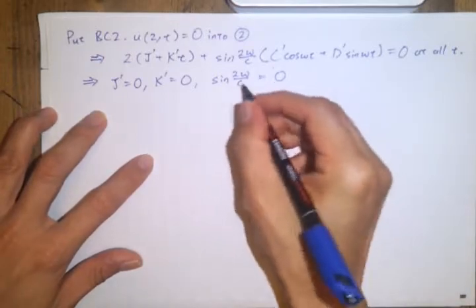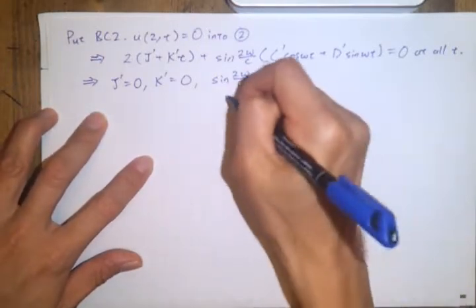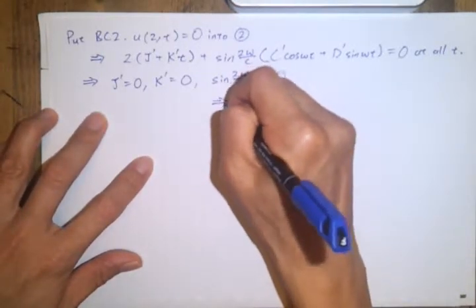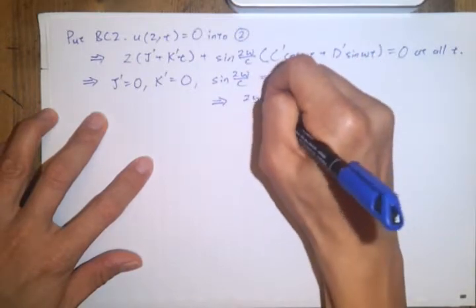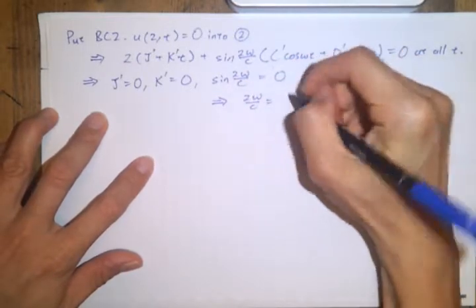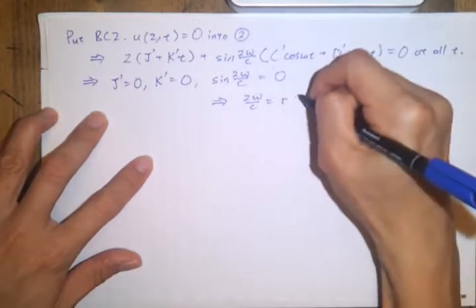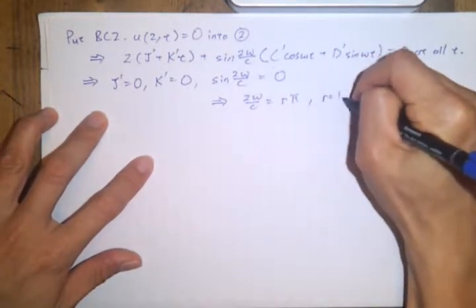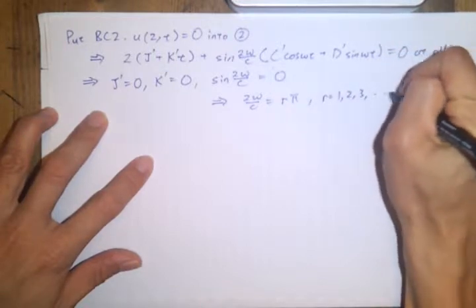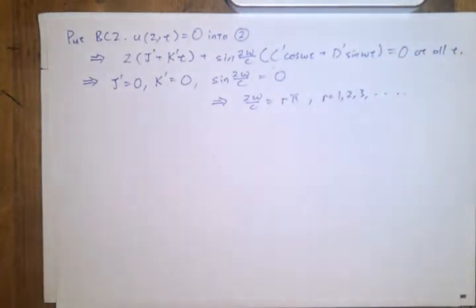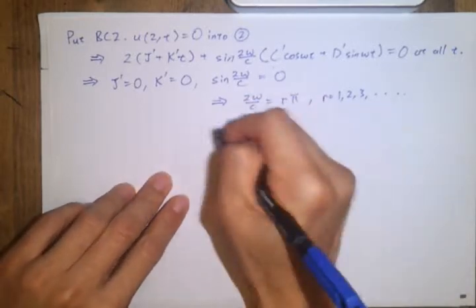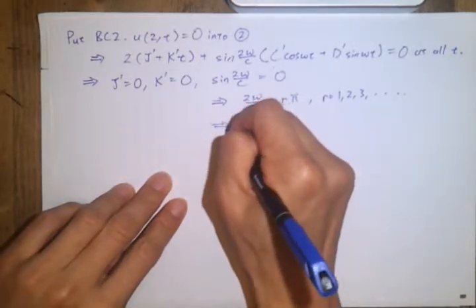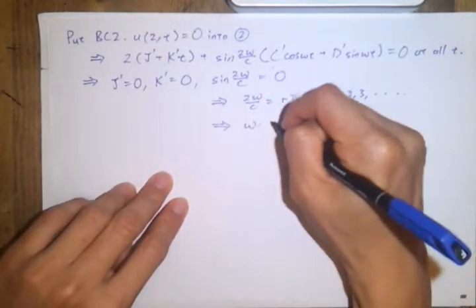Now, sine 2 omega over c equal to 0 will then mean that your 2 omega over c must be some multiple of pi, r pi, right? So r is now 1, 2, 3, any number. So that tells you that you have many values of omega.